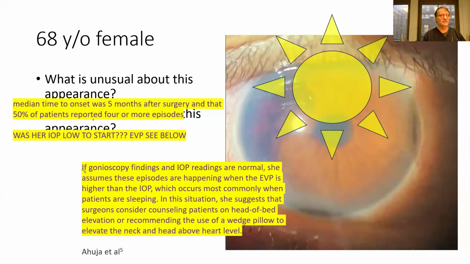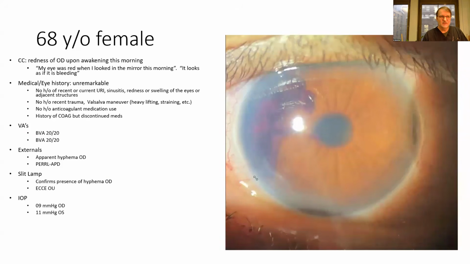Now, I'm not going to send this to the group, but what's unusual about this appearance is that we expect to see hyphema settling like a high water mark across here, and that's not what we see.